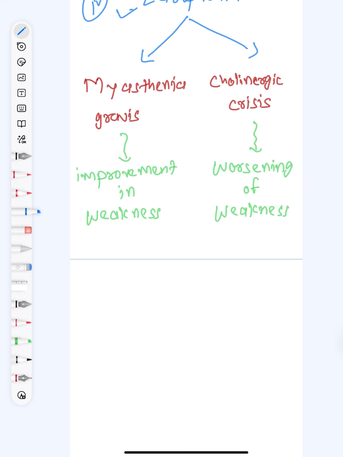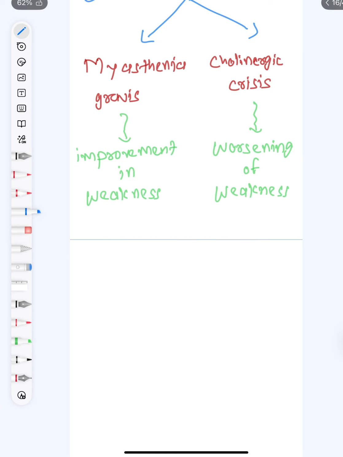So when we give Edrophonium, acetylcholine increases and can bind to these remaining receptors. Therefore neuromuscular transmission improves. So there is improvement in weakness, and the patient's muscle weakness improves temporarily, and this effect is very short lasting. Because of that reason, Edrophonium is not used as a long-term treatment.